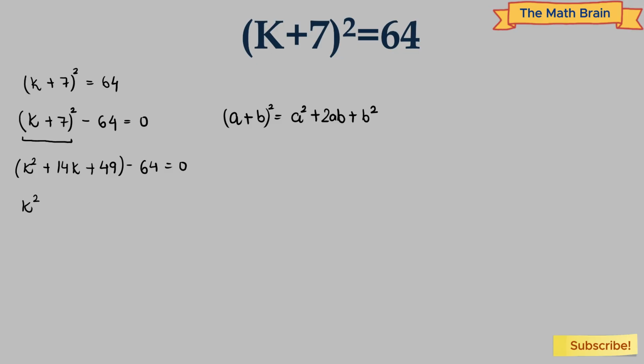Now k² + 14k, by removing these brackets, + 49 − 64 = 0. And if we subtract these, the equation will be k² + 14k − 15 = 0.